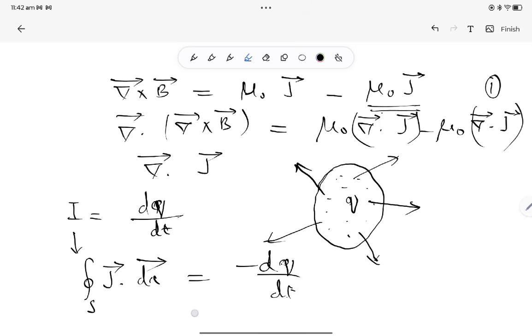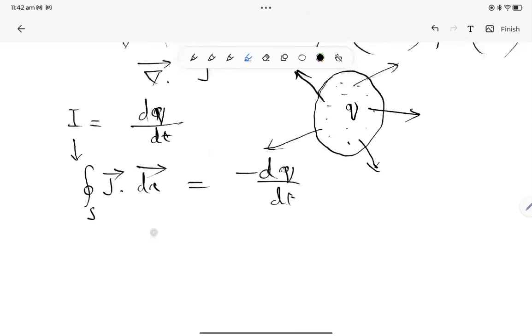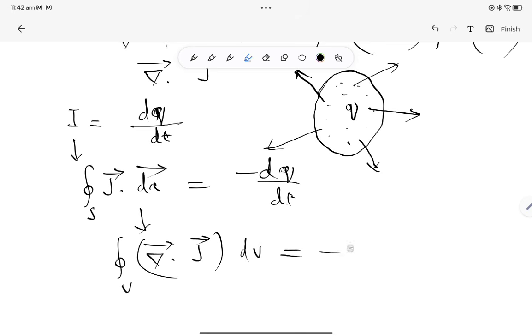This equation is called the continuity equation. This can be expressed in another way. We can convert this by using Stokes theorem, converting it into a volume integral, that is V, and then replacing del dot J dV is equal to minus d by dt.